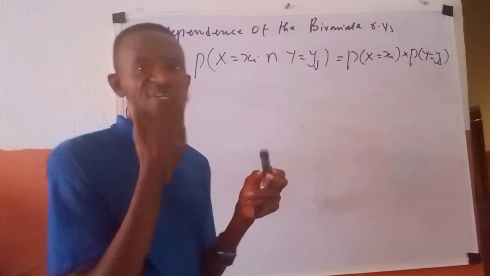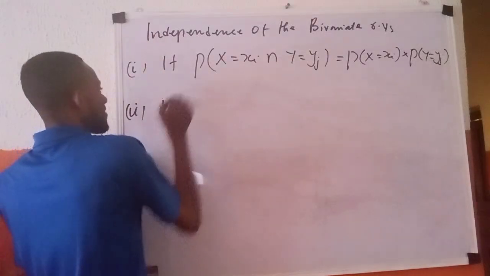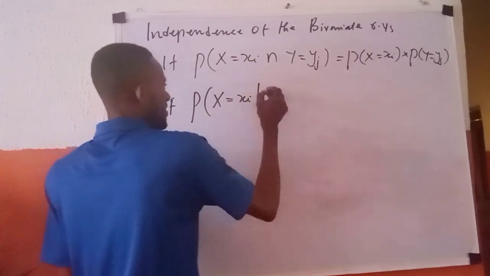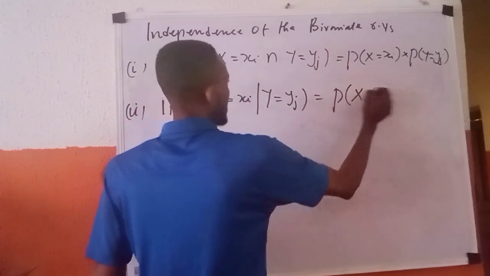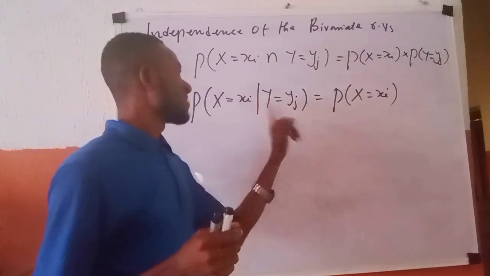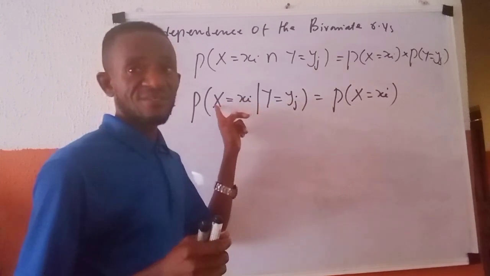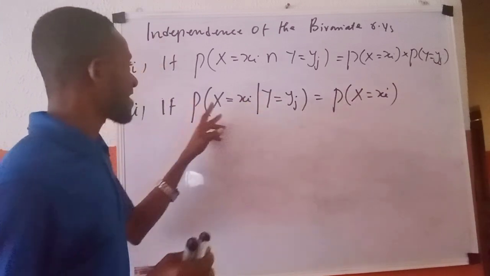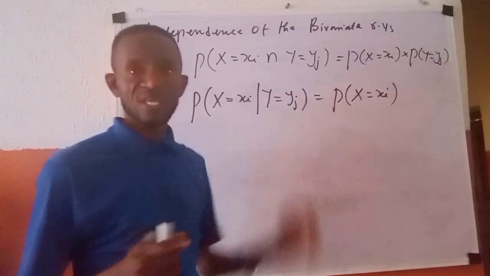If the conditional probability of capital X equals xi, given capital Y equals yj, equals P of capital X equals xi, it means that the probability of y taking a value yj doesn't affect the random variable x taking the value xi. That is why the probability that x takes a value, given that y has taken a value, still returns the probability of x taking a value xi.